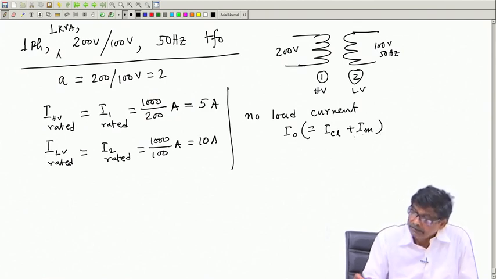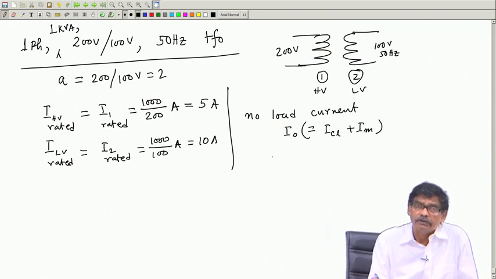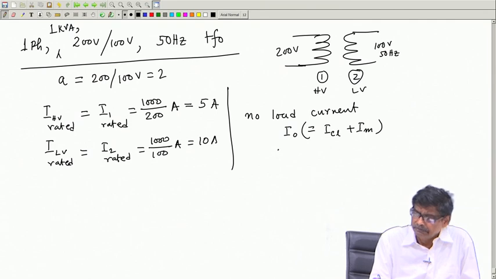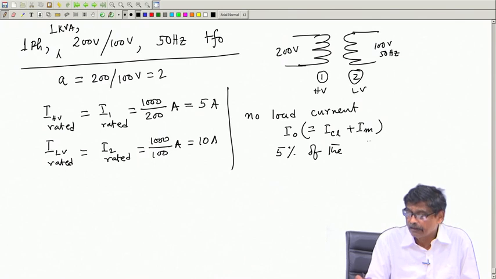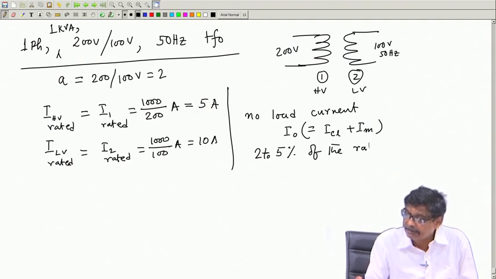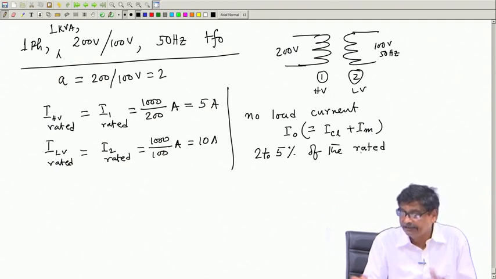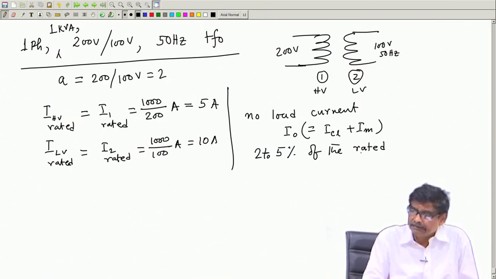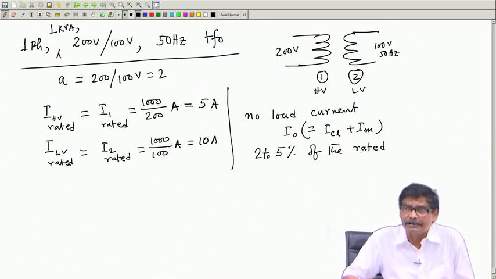The no load current of a transformer is of the order of say 2 to 5% of the rated current. As a practicing engineer, this idea must be there. That is, it must be a well designed transformer.